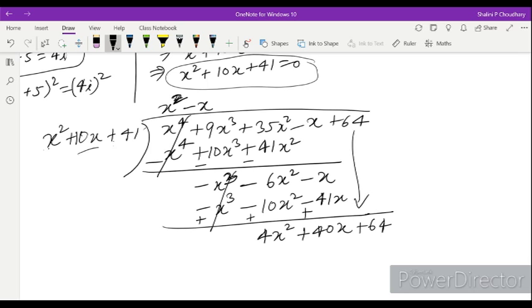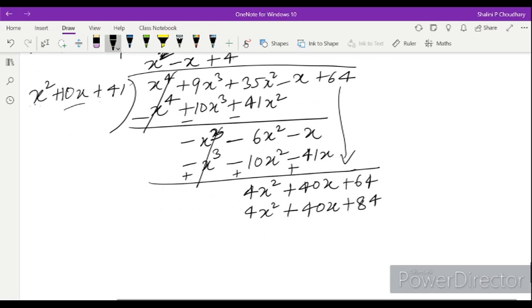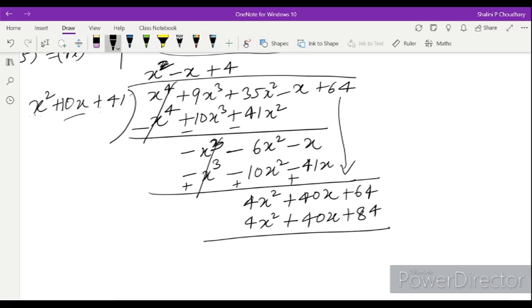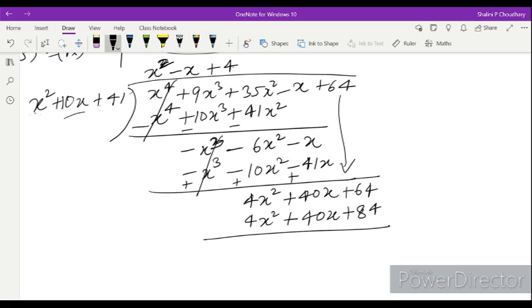And now what number can we take for the quotient? We can take plus 4, because 4 into x square will be 4x square, plus 10 into 4 will be 40x, then 4 into 41 will be, sorry, 41 into 2 will be 82.